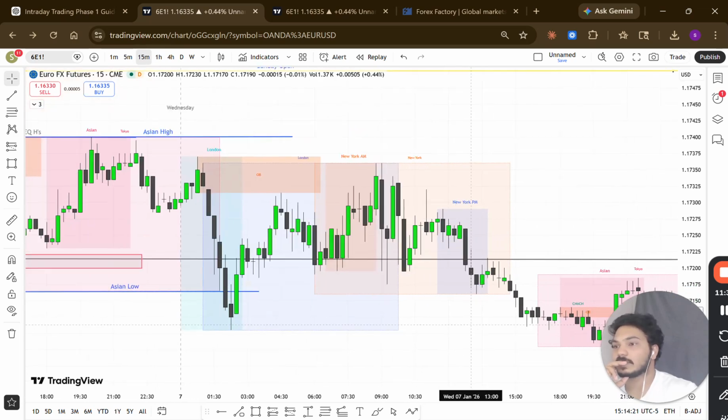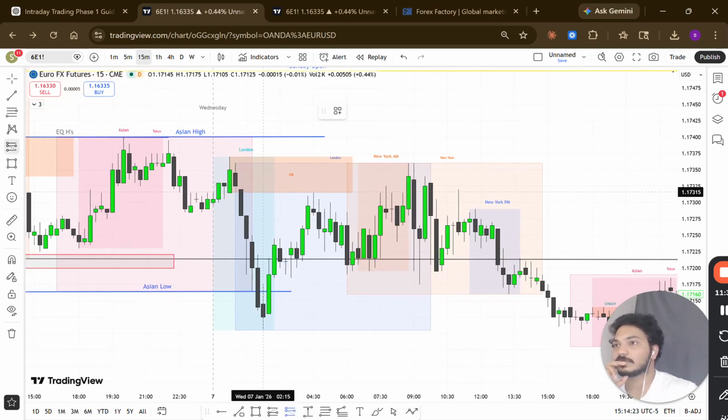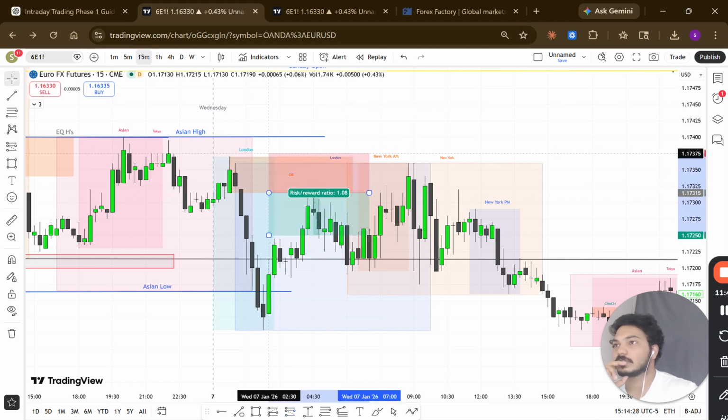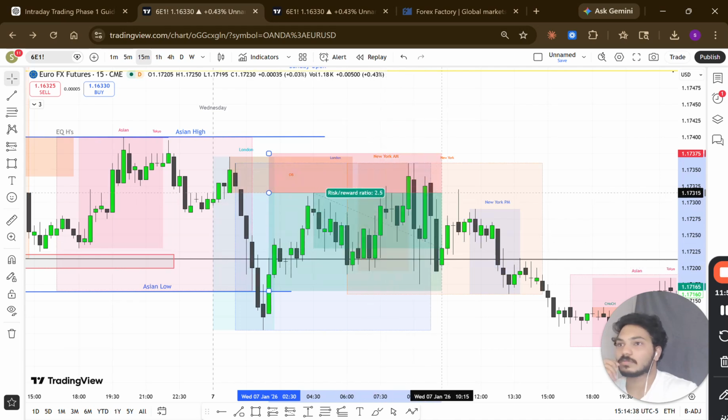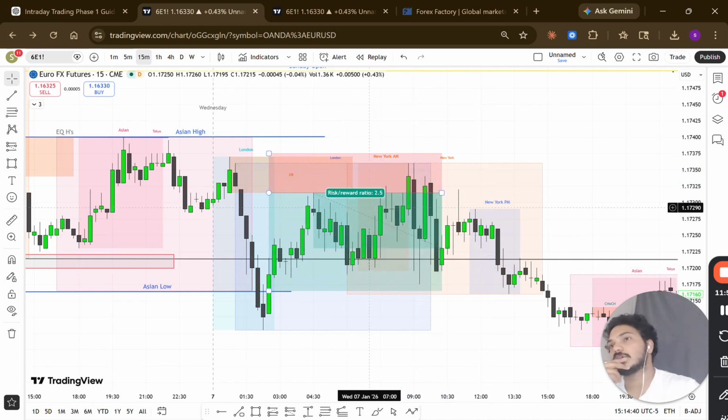If we have to take a shot here, we can place it above this high and target the Asian low. There'll be a 2.5 risk reward.